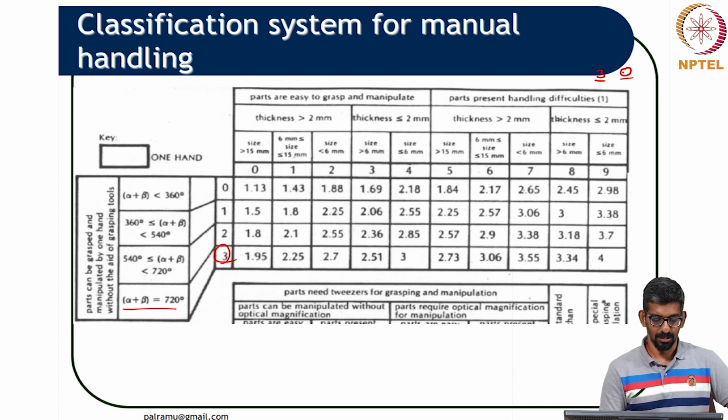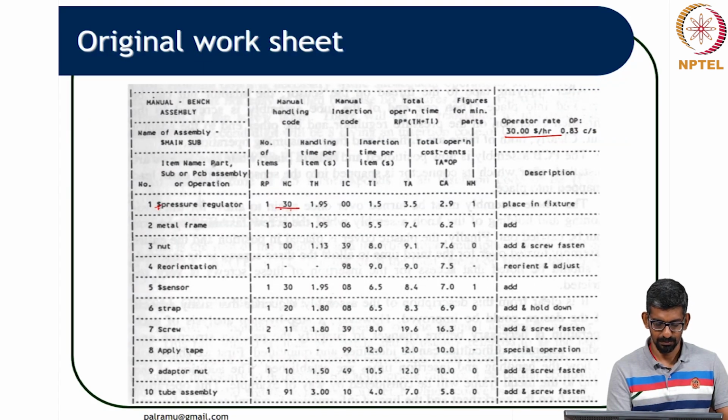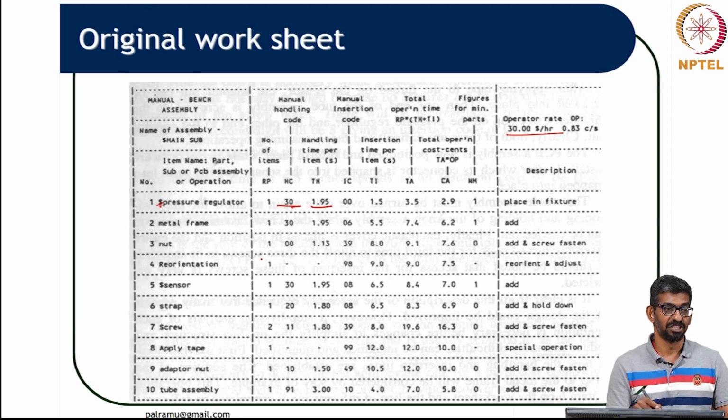Fine. So, now this is 30, you go back to this chart now and the corresponding time would have been 1.95 there if we had seen. 30 is 1.95 seconds. Similarly, there is a chart for the insertion, okay.